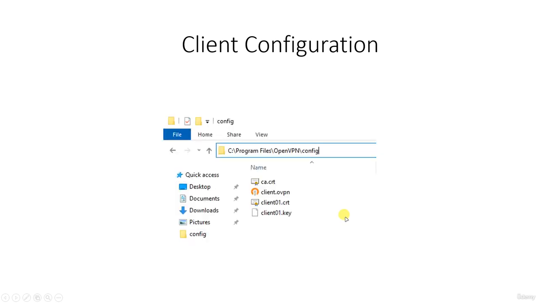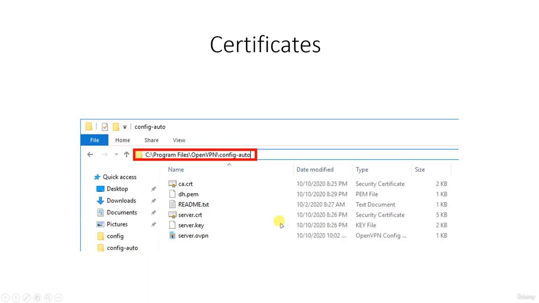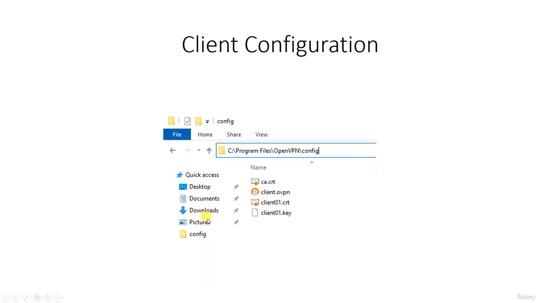These are the files that we need to copy to this config folder: ca.crt, client01.crt, and client01.key. These are the files you need to copy to this config folder from your server. All these files are in here, as you can see. Make sure you click copy and paste them into this directory.